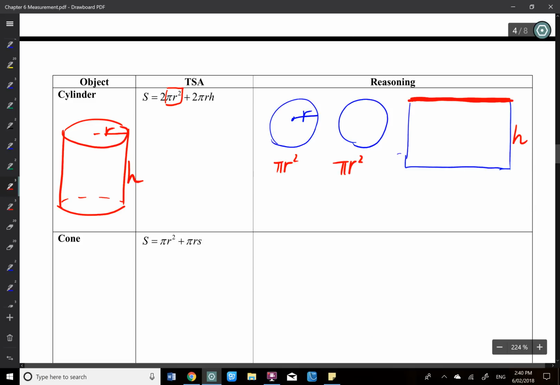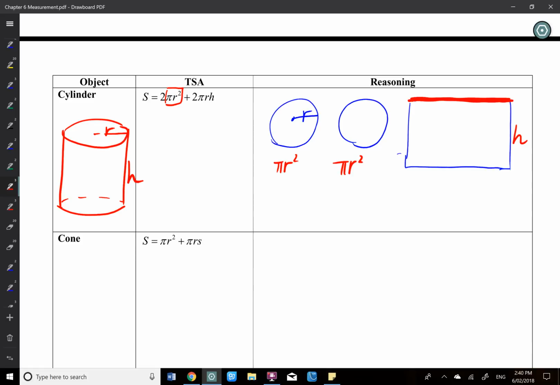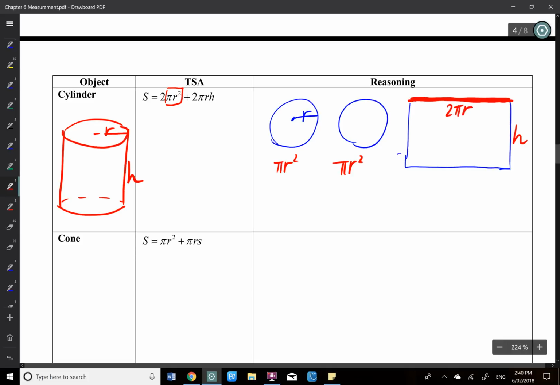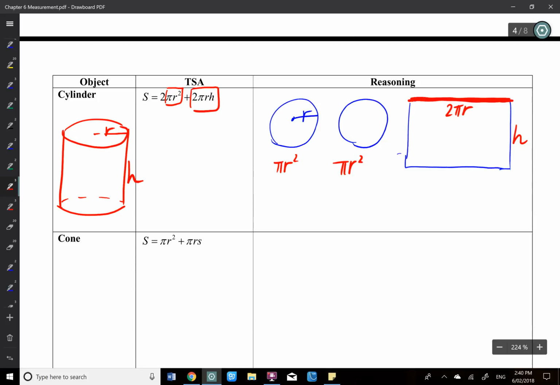So what is the circumference? 2 pi r. That's right. So the rectangle's area will be length times width, so it's 2 pi r times h. So it's 2 circles plus the rectangle: 2 pi r h plus 2 pi r squared.